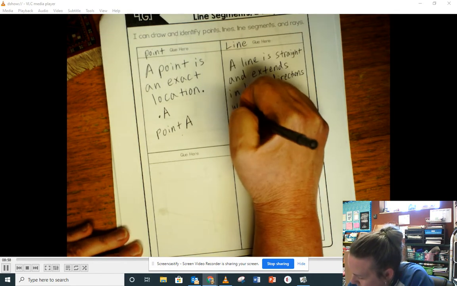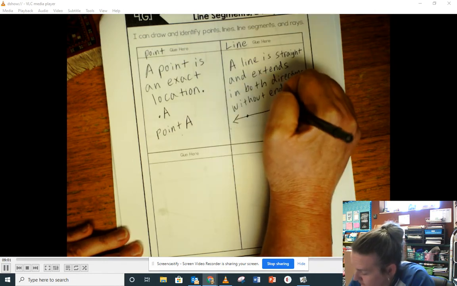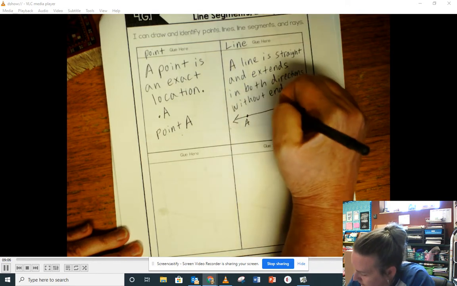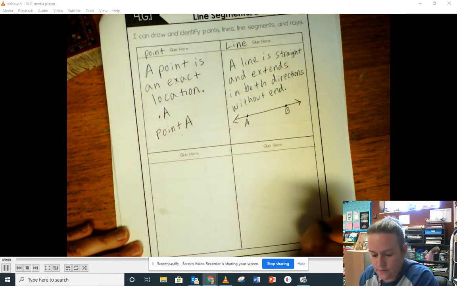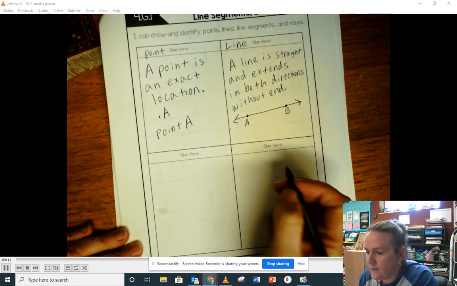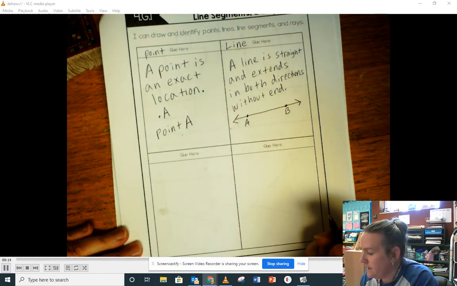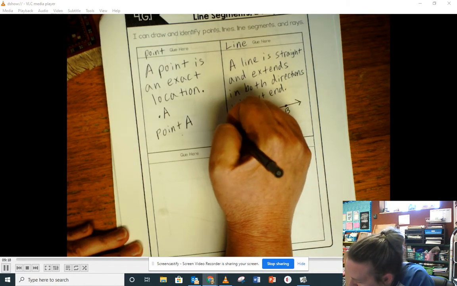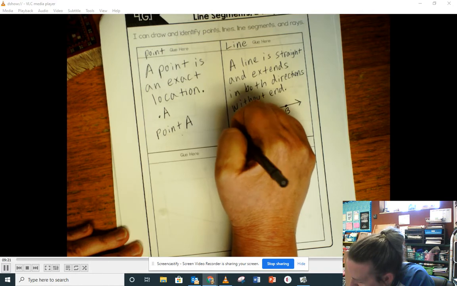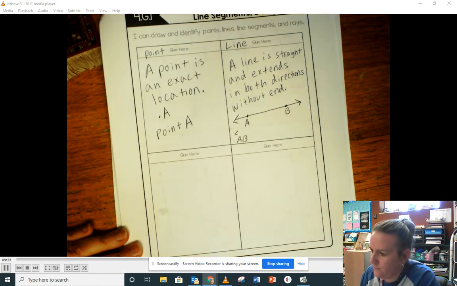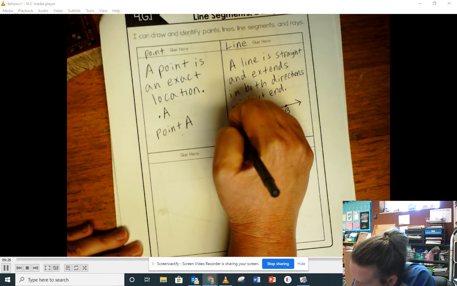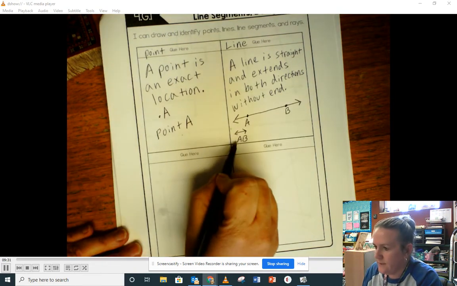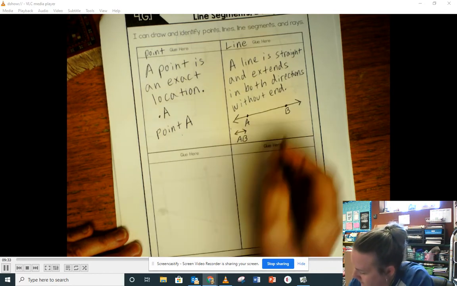We would pick 2 points on our line, and those points would be labeled with letters, and we would call this line AB. Okay, how do we write that in geometry? We put the name of the line, AB, and above it, we draw a little tiny line. So if I was going to read that, I would read this as line AB.